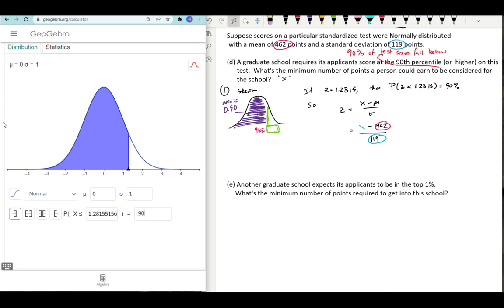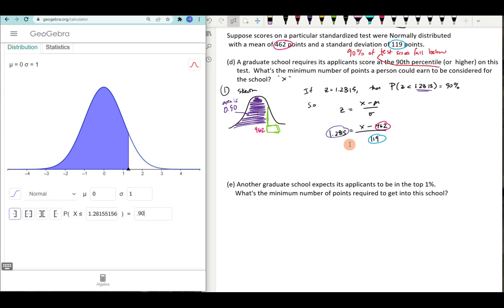I don't know what that value should be yet. But I do know what z is supposed to be because I was told that. I know that z should be 1.2815, so I'm going to write that down right there. I know this must be true. And if I have this, then I can solve this equation for x.